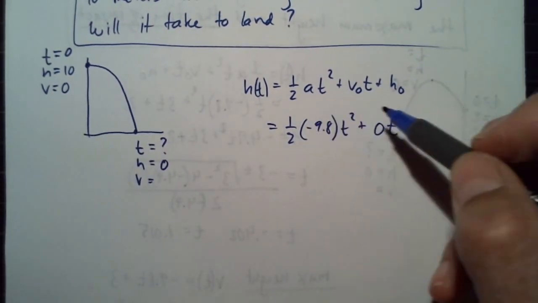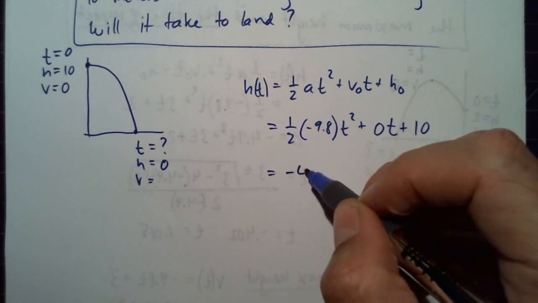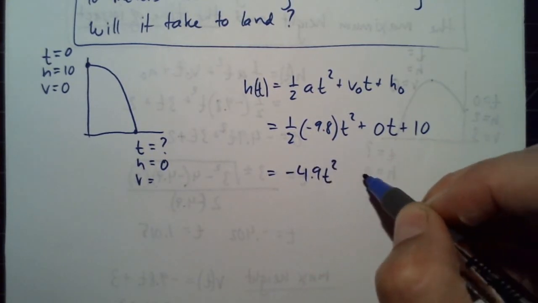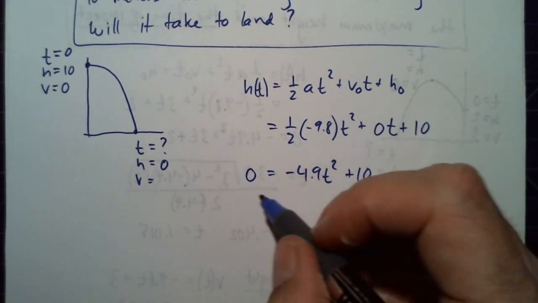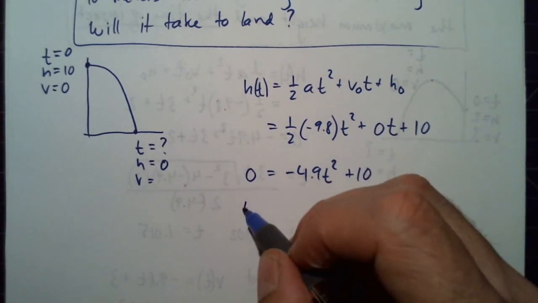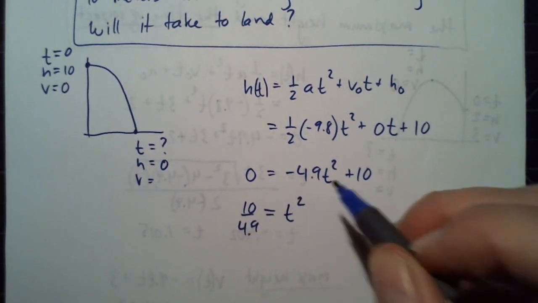We want to know when the height is 0, so we have negative 4.9 t squared plus 10. When does this equal 0? Subtract 10, divided by 4.9. 10 over 4.9 is t squared.